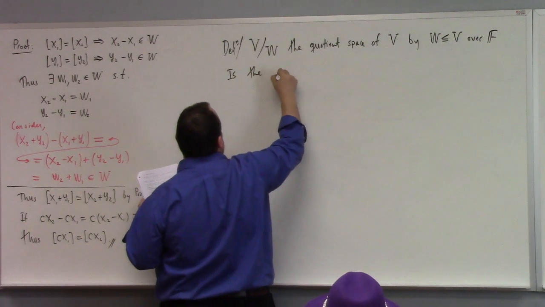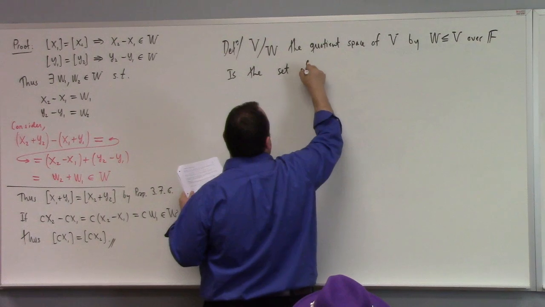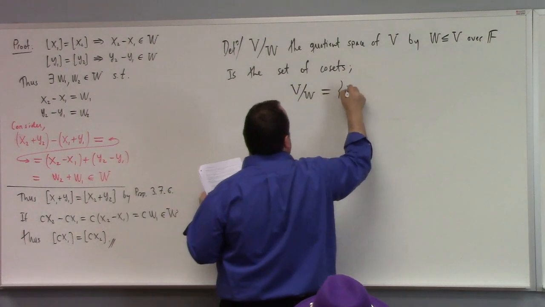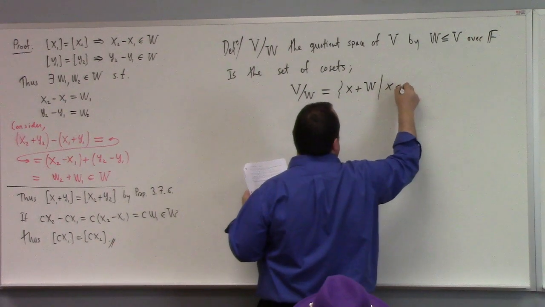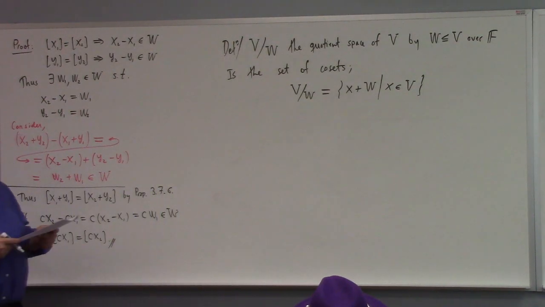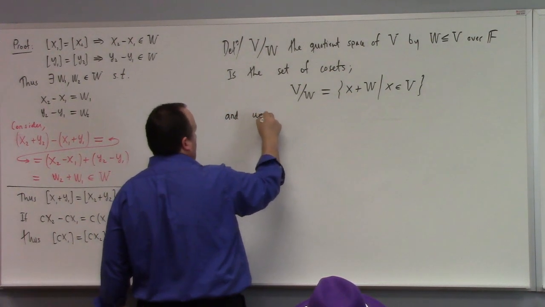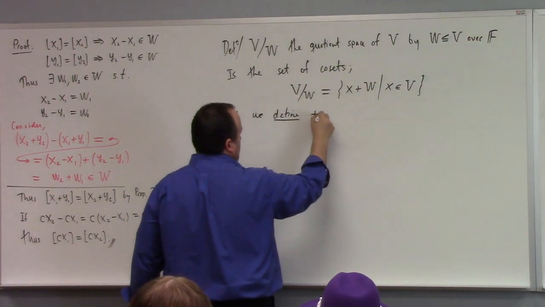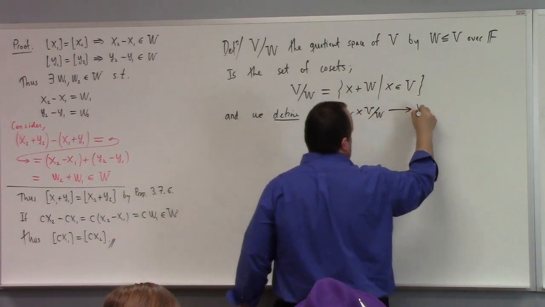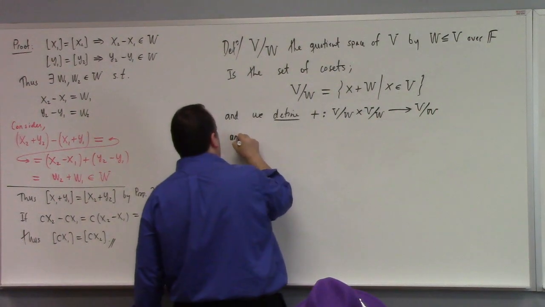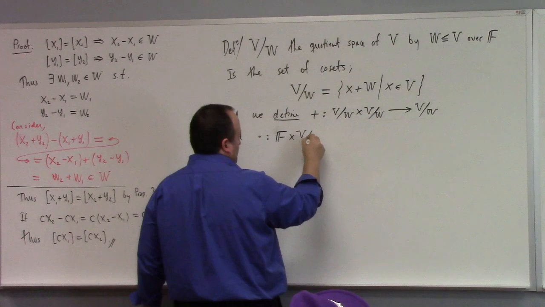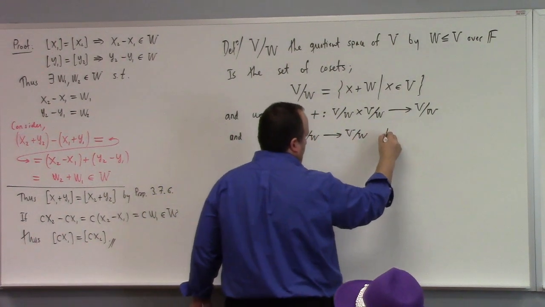It is a set of cosets. So V by W is equal to x plus W, such that x is in the vector space. All right. And we define addition as a mapping from the Cartesian product of the quotient vector space to itself, and scalar multiplication, which I'll call dot for the moment, from the Cartesian product of the field and the quotient vector space to itself, by the following rules.